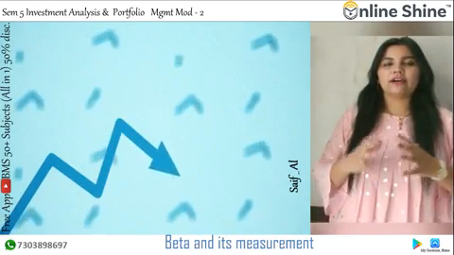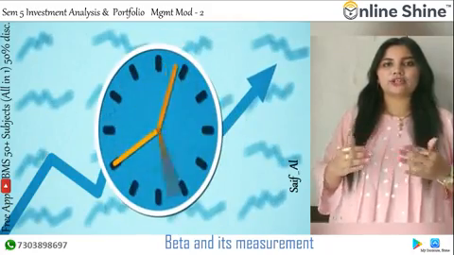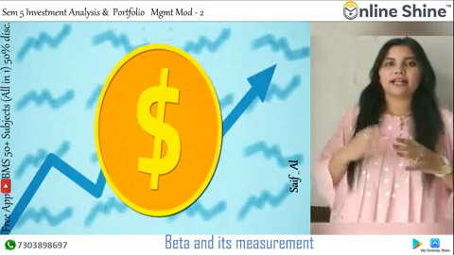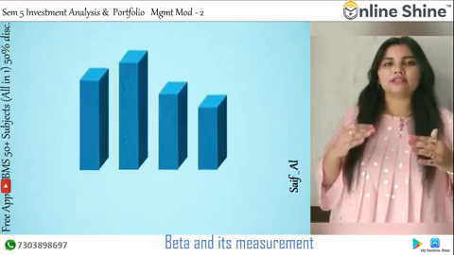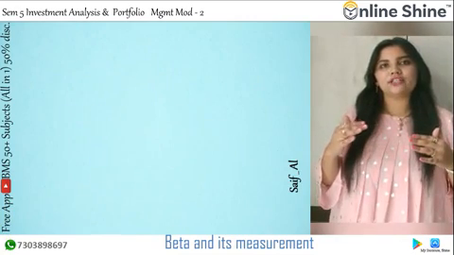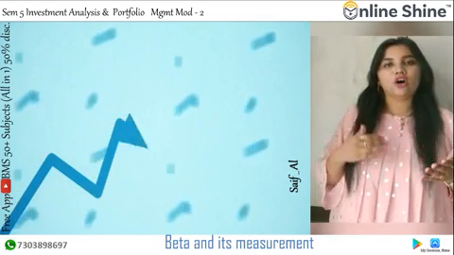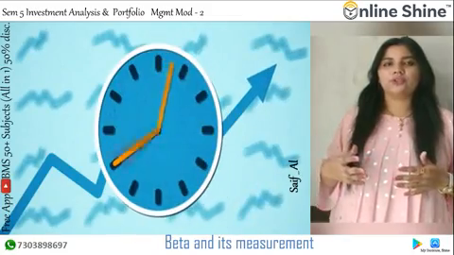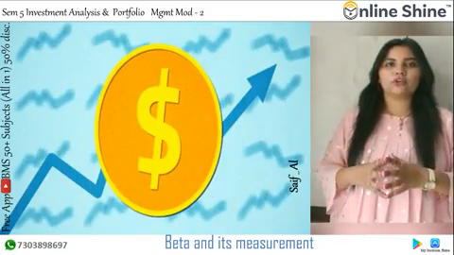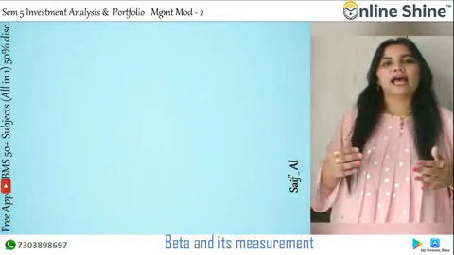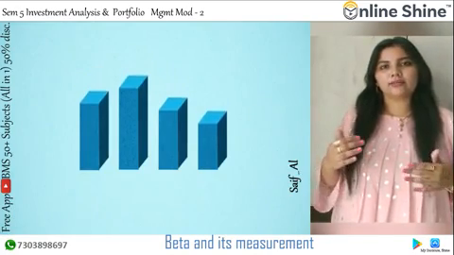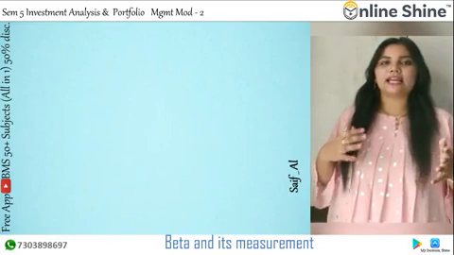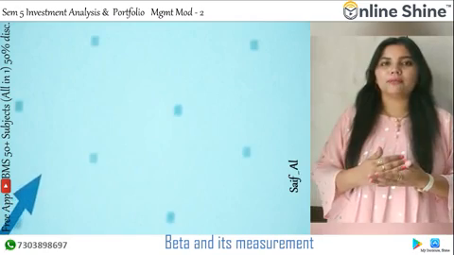We can derive a statistical measure of risk by comparing the returns of an individual security, or you can say that portfolio, to the returns of the overall market. And it also identifies the proportion of risk that can be attributed to the market.